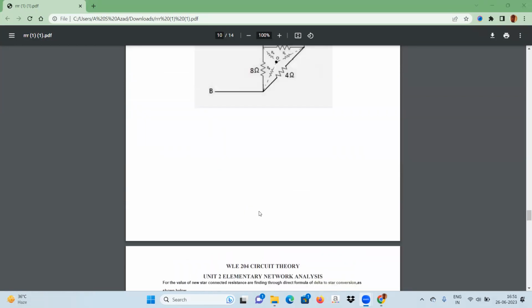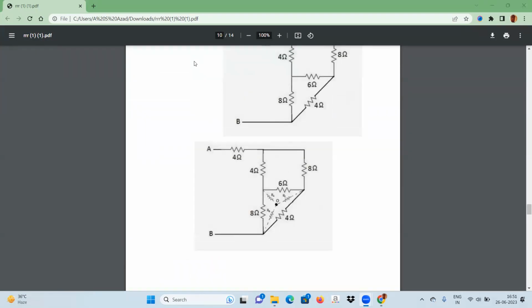RA will be 8 into 6 divided by 8 plus 6 plus 4. And what will be RB?